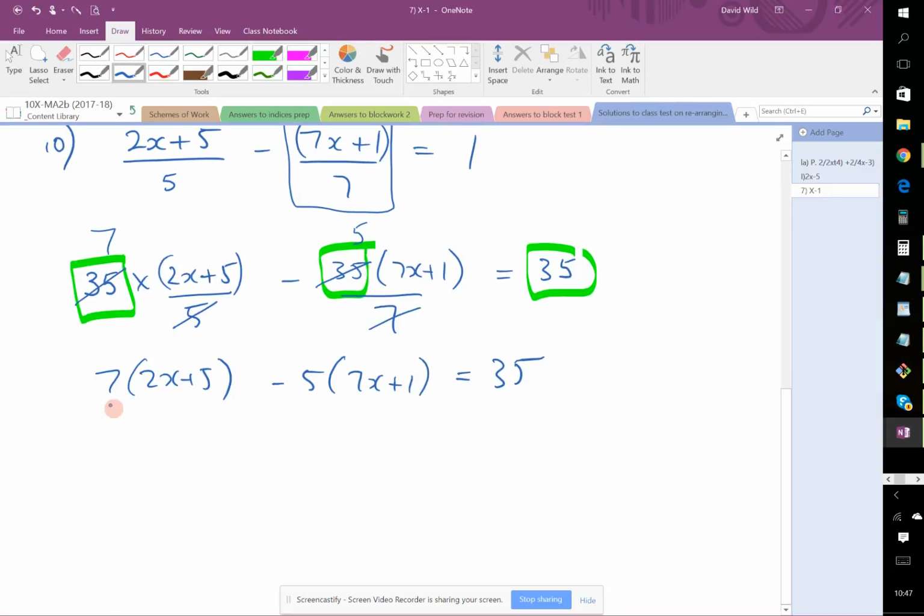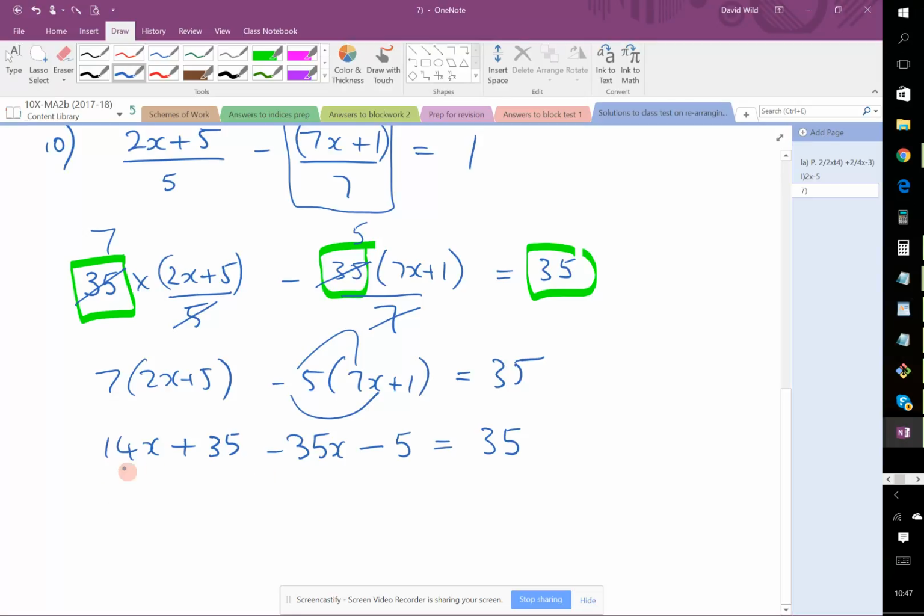Multiply the brackets now. 14x. Now be careful. Minus times the positive, minus 35x. Now what? Minus 5. Watch this negative here. Equals 35. Classic error. Catches people out all the time, and it shouldn't.